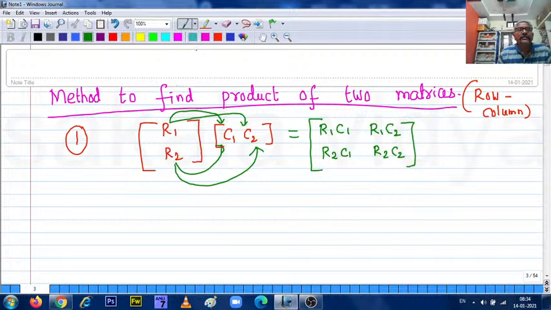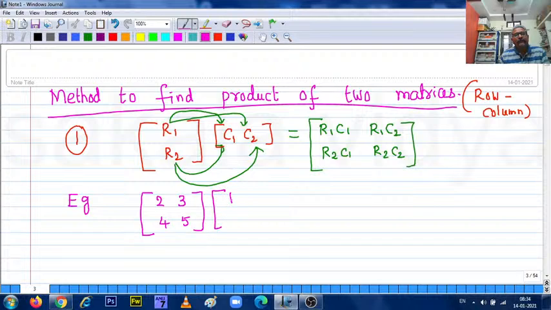Now I discuss one example. If you want to multiply, there must be 2 rows. For example, first row 2, 3 and second row 4, 5, multiplied with 1, 2, 3, 4. How to find the product of these two?